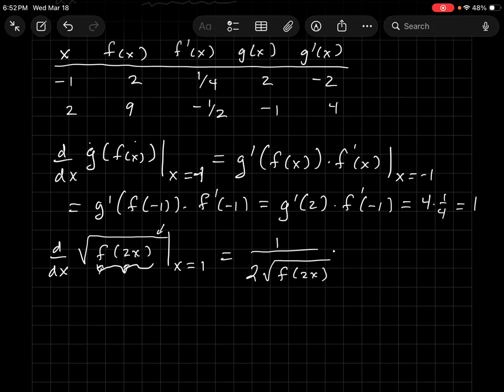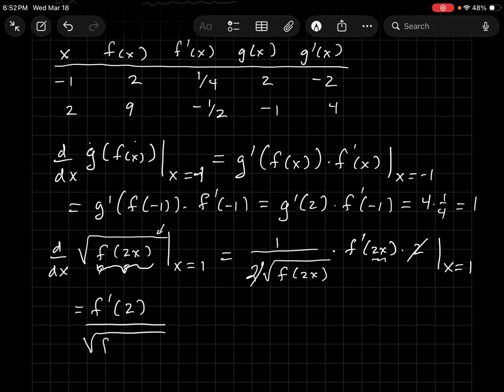Okay, so let's take the derivative of f of 2x, which is the chain rule. What I've done up to this point is irrelevant. Let's just concentrate on the derivative of f of 2x, which is the derivative of the outside part, leaving the inside part alone, times the derivative of this inside part, times 2. I will cancel those 2's out. And we're going to do this at x equals 1. So we have f prime at 2 times 1 over the square root of f of 2 times 1.